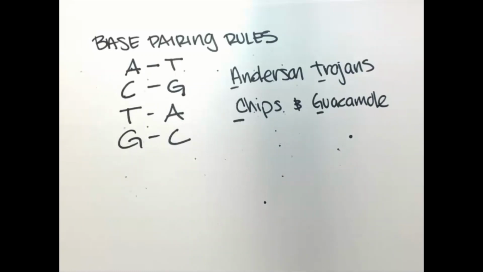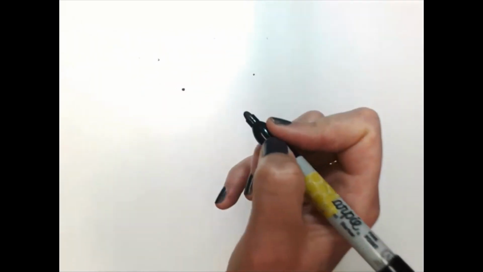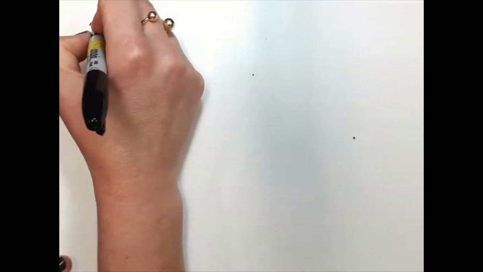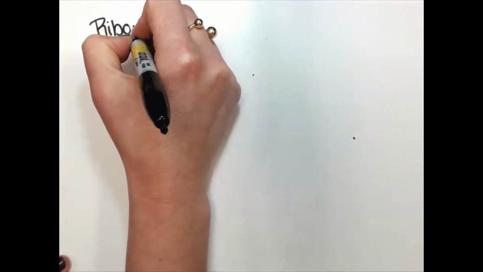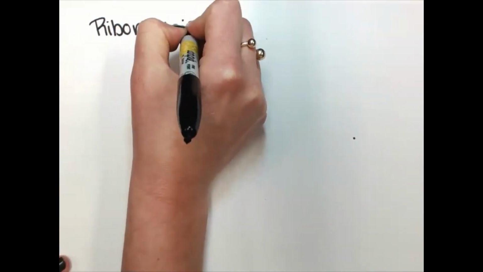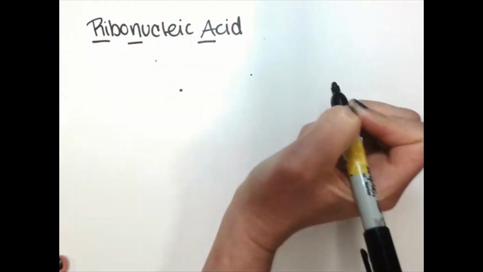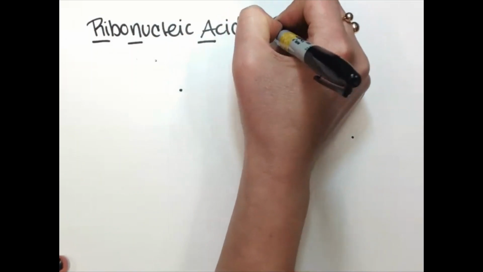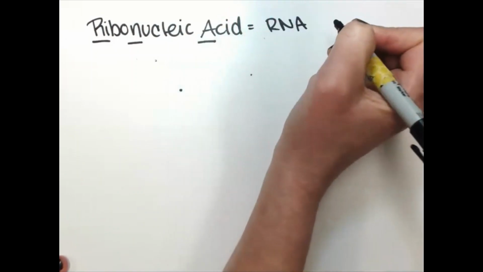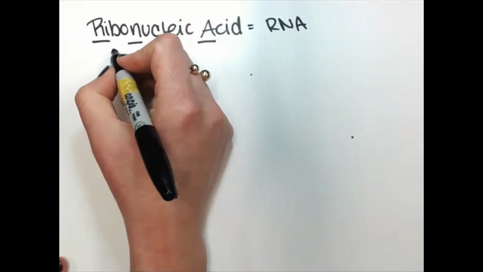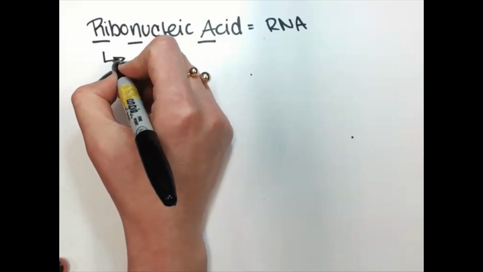Now RNA is a different story. So let's just look at RNA. So RNA stands for ribonucleic acid. And the RNA is like the working copy of the instructions.